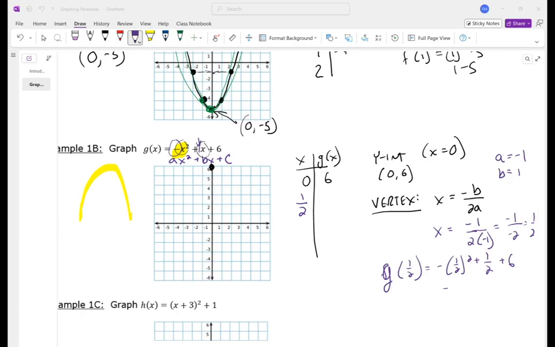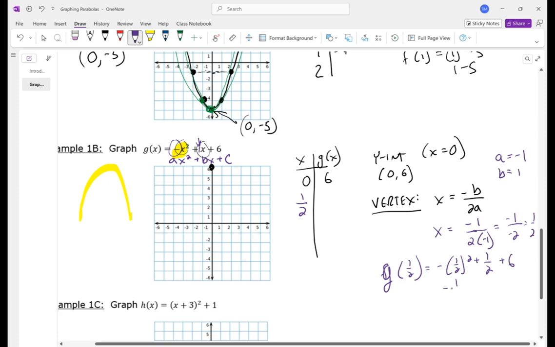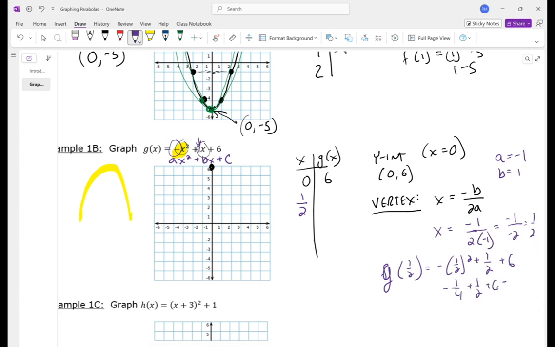There we go. -1/4 plus 1/2 plus 6, which is actually going to be 6.25. So (1/2, 6.25) is going to be right about up here.